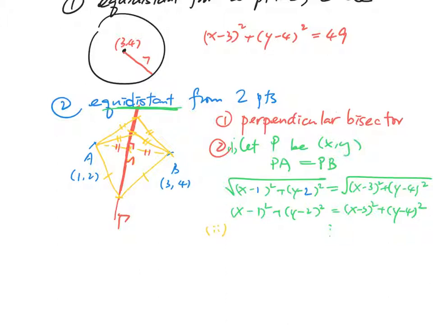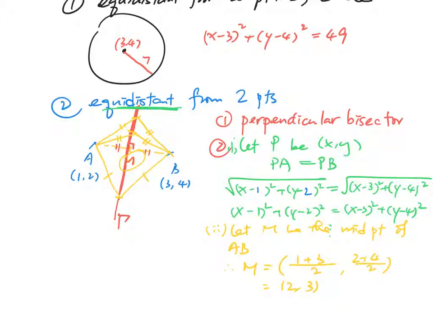As you know, this is a very well-known question in the public exam. Because we know that it is a perpendicular bisector, and the point M is a midpoint, we let M be the midpoint of the line AB. Using the midpoint formula, (1 + 3)/2 and (2 + 4)/2 give you (2, 3) for the midpoint.